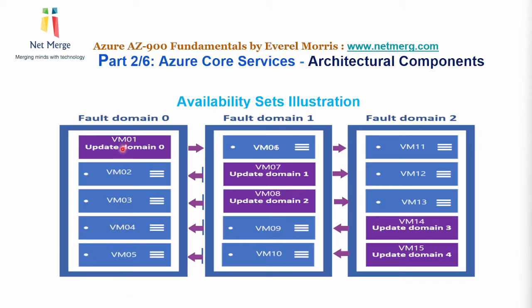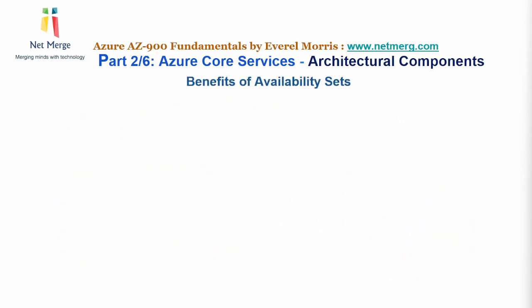Even if you had 5 more machines, all 5 would default back: number 1 would default to this one, number 2 to this one, number 3 to this one, number 4 to this one, and number 5 to this one. All right, so you get a good understanding of how the fault domain and the update domain work and what an availability set is.